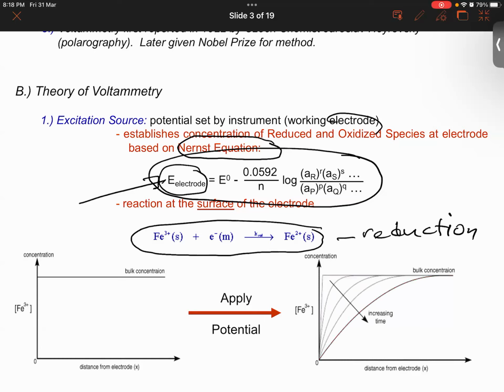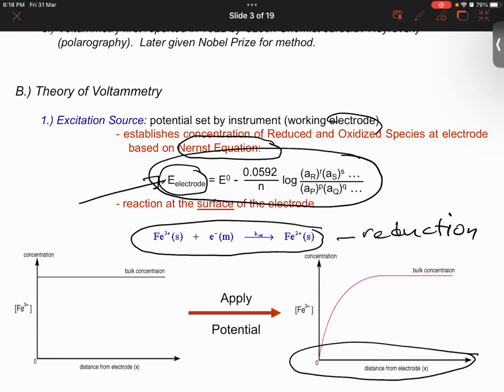This is the process that happens. As I mentioned just now, the distance from the electrode is very important. So if you can make the analyte very near to the electrode, then we can have a very good redox process happening, right?